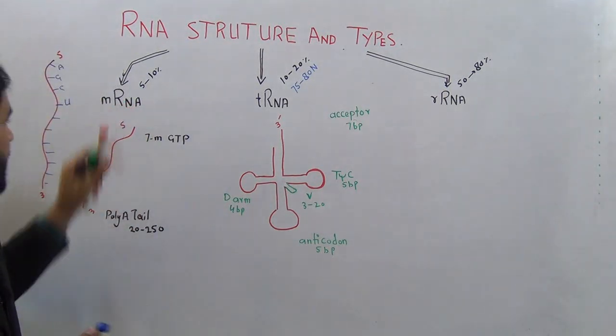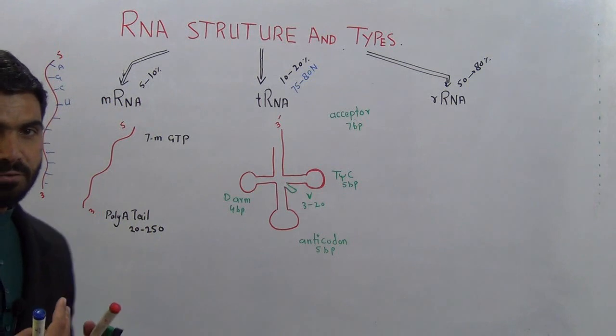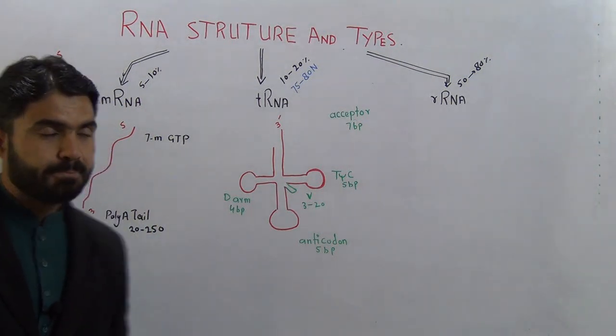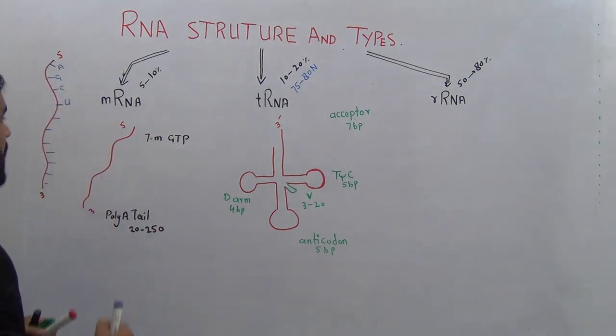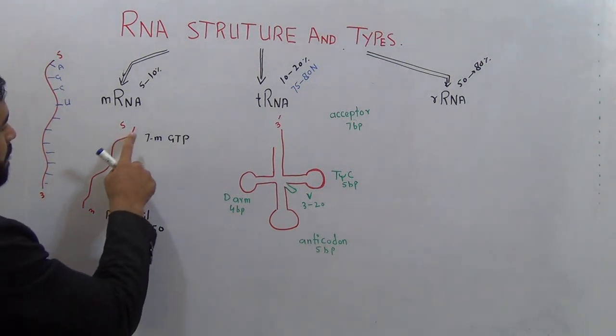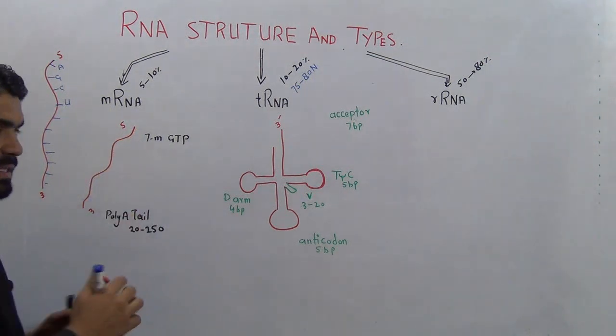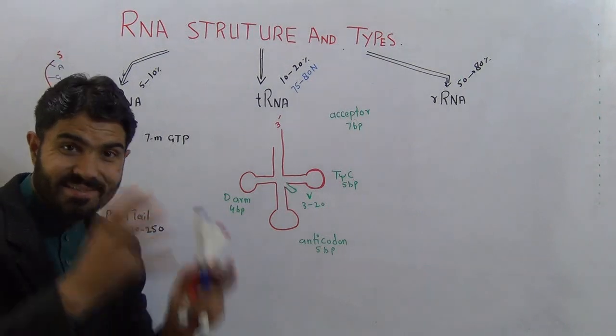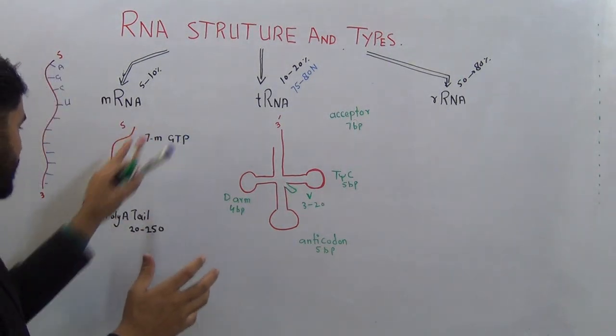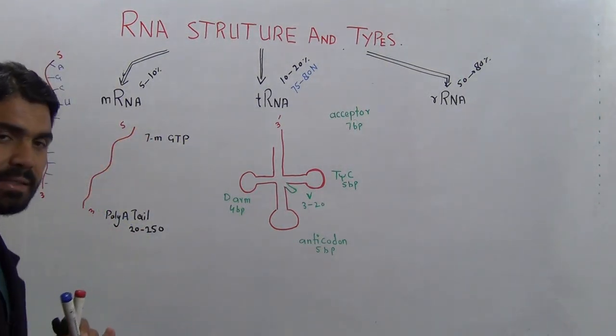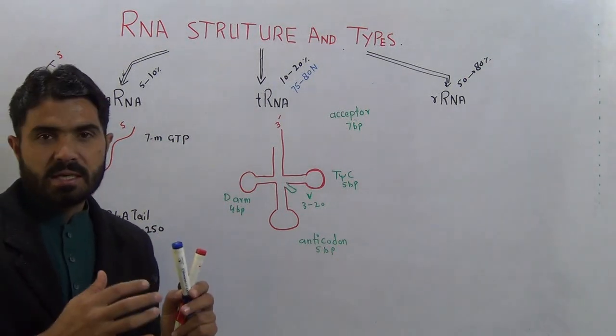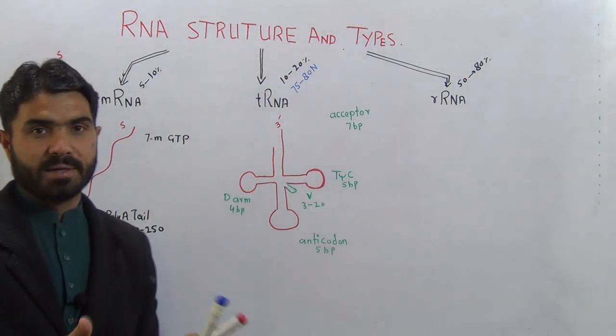Whenever messenger RNA is synthesized, of course it is synthesized from the DNA. In the beginning it will be given some special structures on its 5' and on its 3', just for the sake of protection and stability.